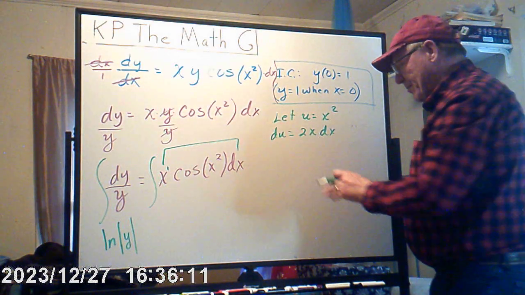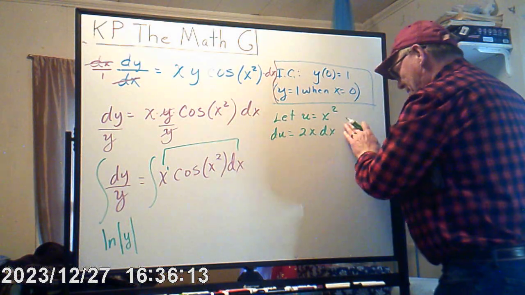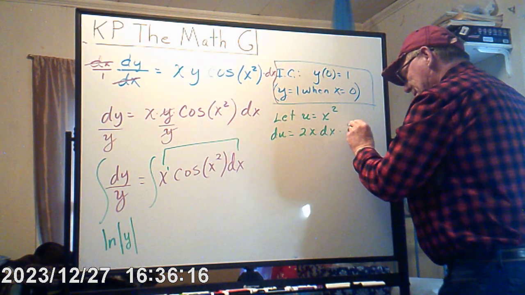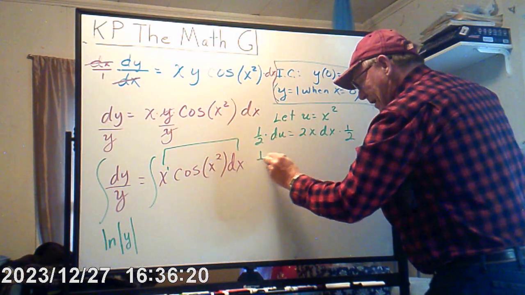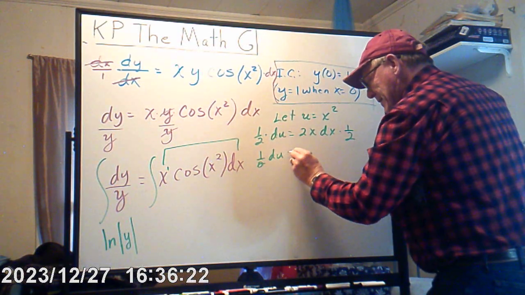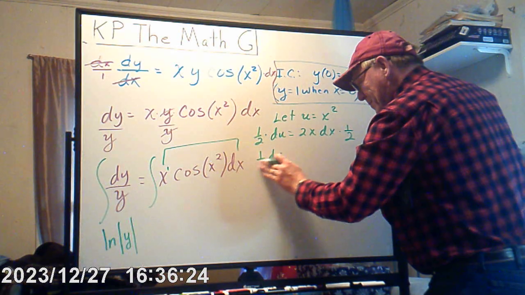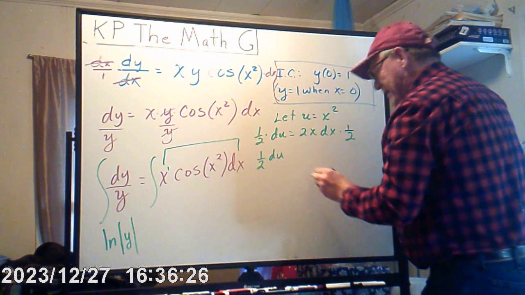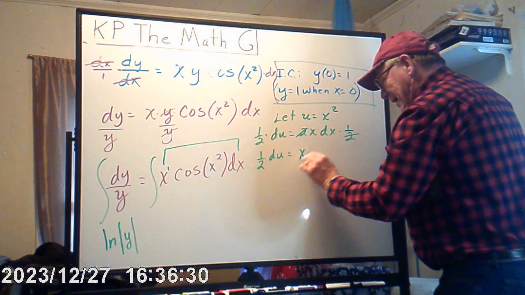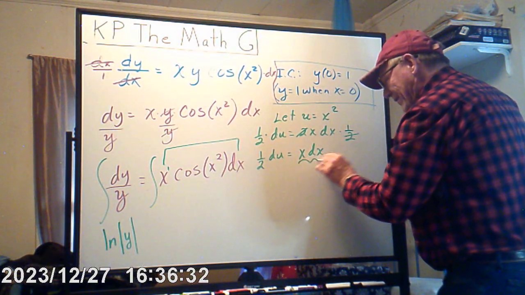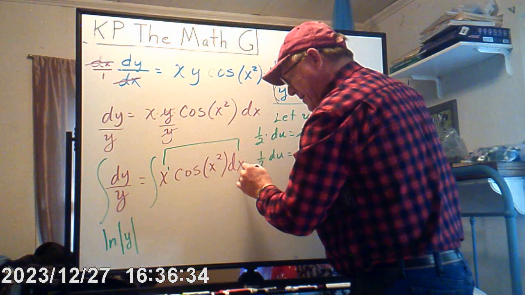So I can simply multiply by 1/2. 1/2 here and 1/2 here. So 1/2 du, that looks better if I write it neatly, is equal to, now notice these twos divide out, x dx, I have that here.